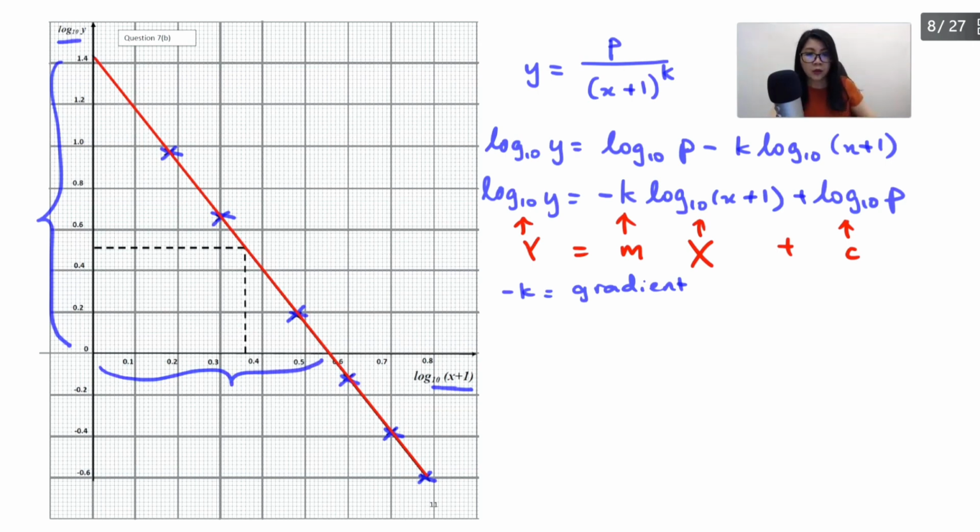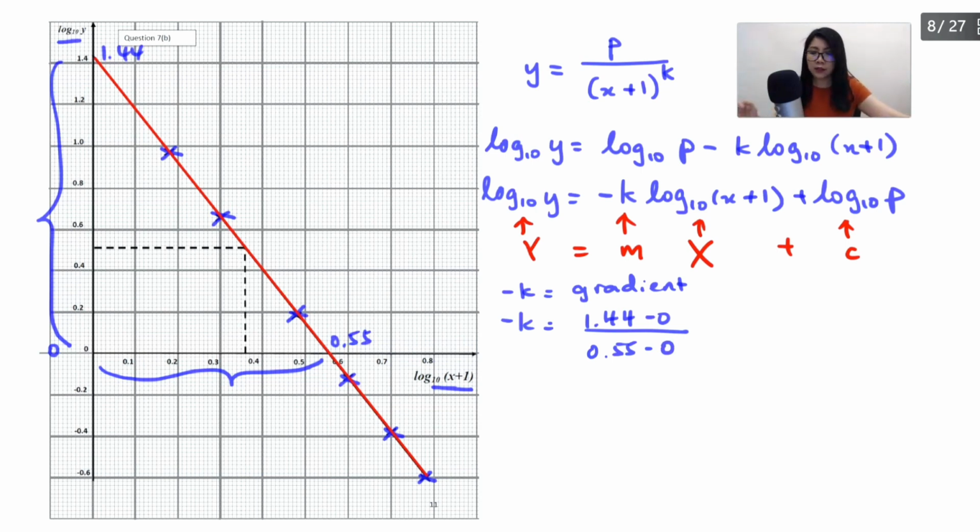So this is 1.44, and this is 0. So 1.44 minus 0, over 0.55 minus 0.